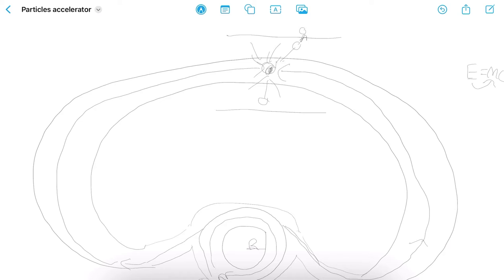So the Large Hadron Collider actually benefits both worlds.